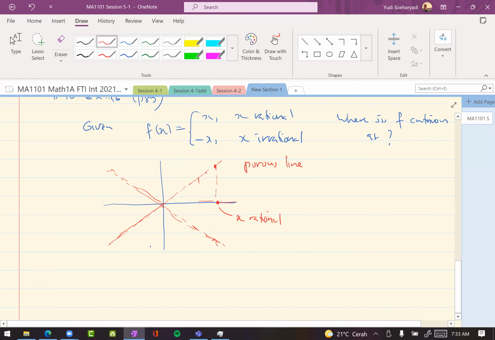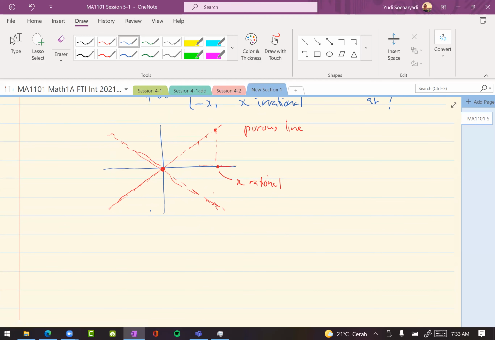But here, the case is at 0. Let's do this for x equals 0. Let's do some squeezing.